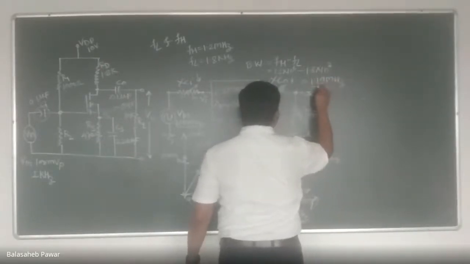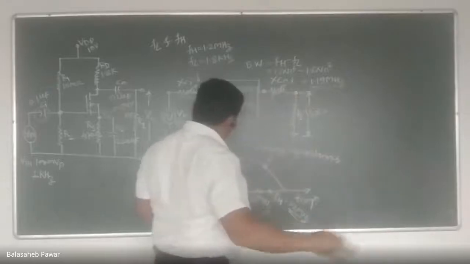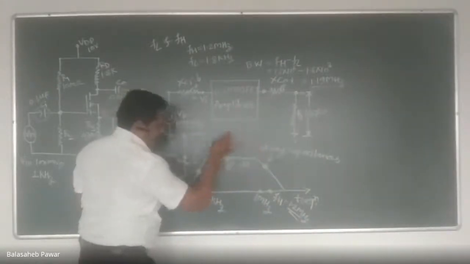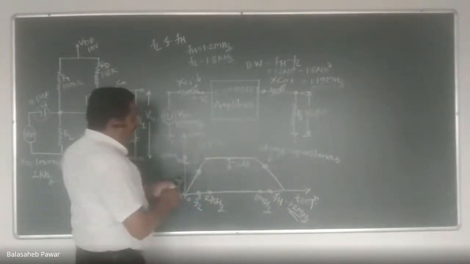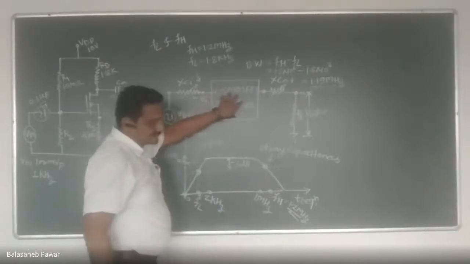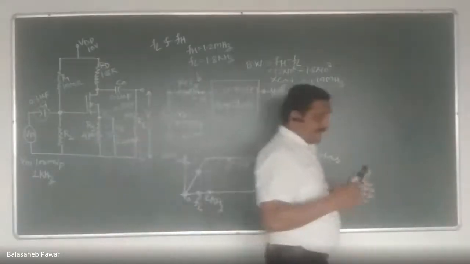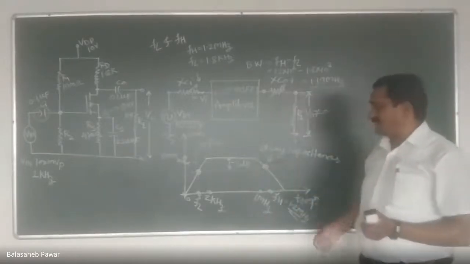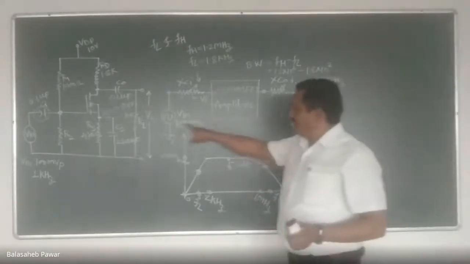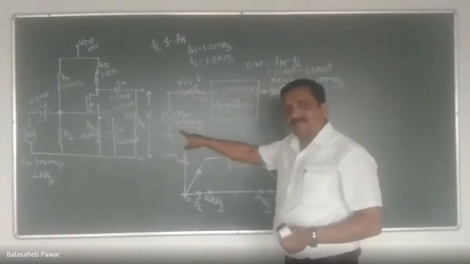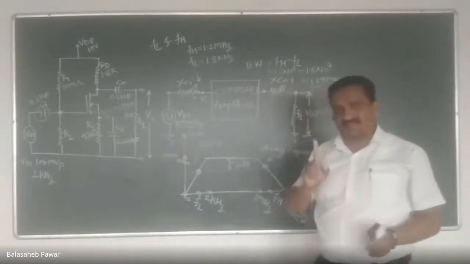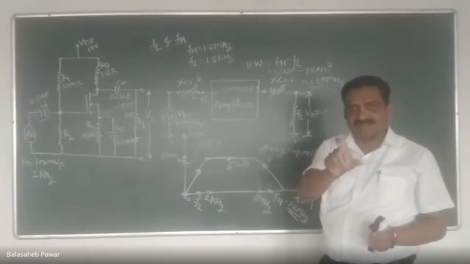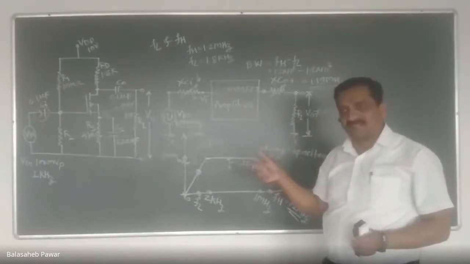So this is the bandwidth of this amplifier. Now see what is the significance of FL and FH. Why did we plot it? Looking at this amplifier circuit and this frequency response curve, what we studied, by changing the input signal frequency, is that the obtained output voltage changes, at the low frequency side as well as at the high frequency side.